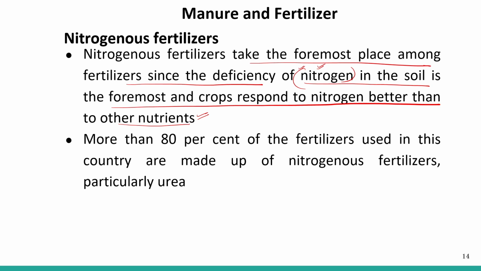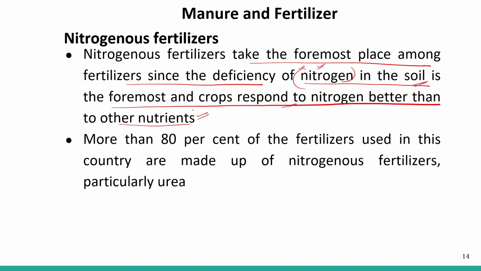When it is taken up in every cycle of the crop, it becomes less available to the subsequent crop, right? So we must replenish nitrogen every cycle of the crop. That is why it is foremost, and the crop responds to nitrogen better than other nutrients.